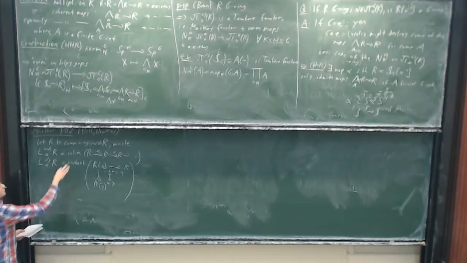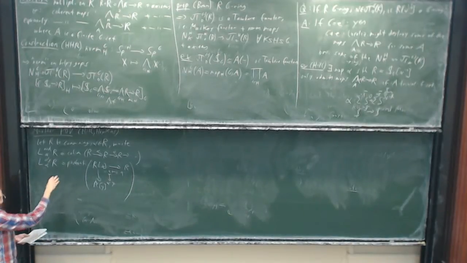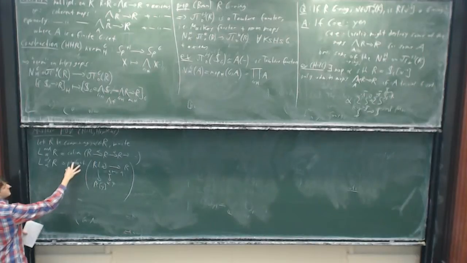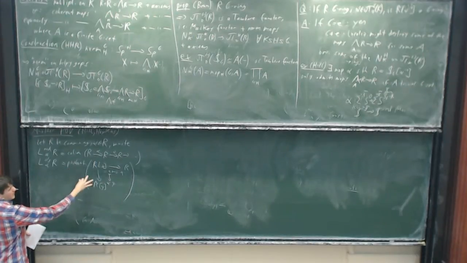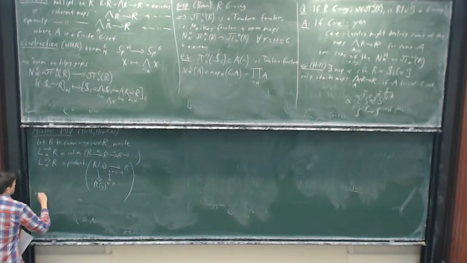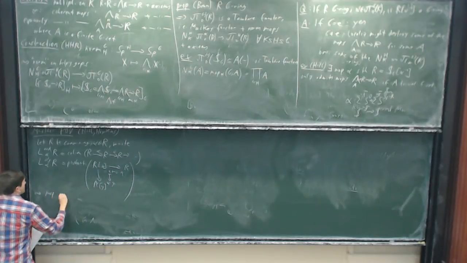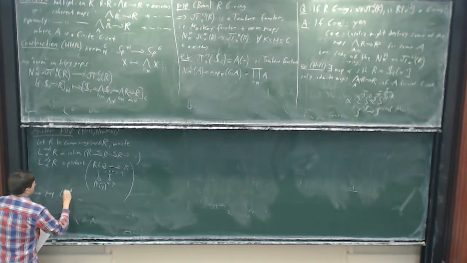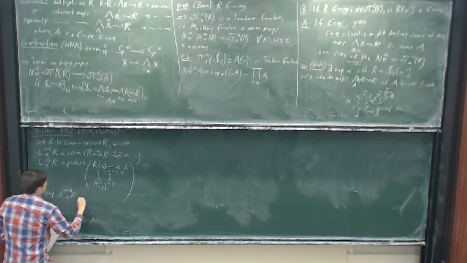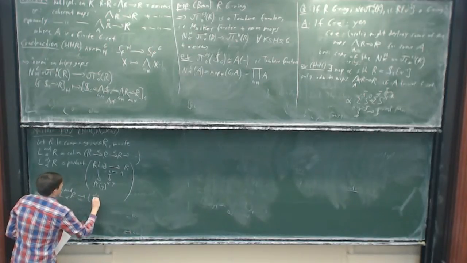And then both of these constructions satisfy universal properties. This is an algebra. You can just look at it as a module, and you get a map from the module localization, which is universal in some sense, to the algebra localization, which is also a module with the same properties.